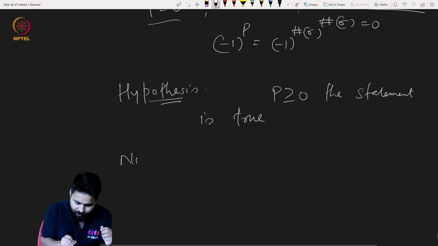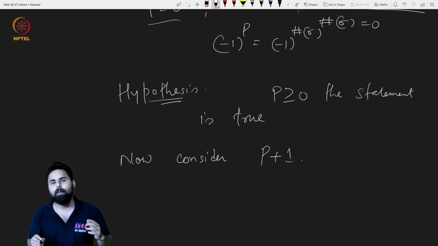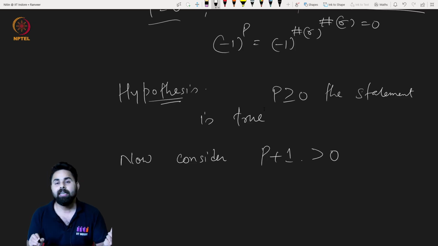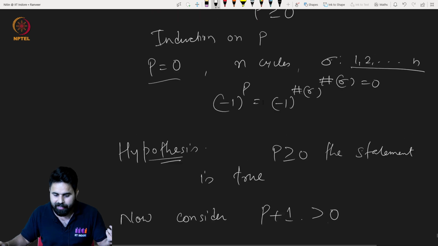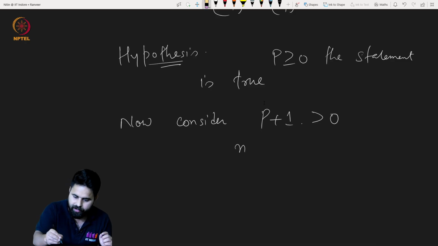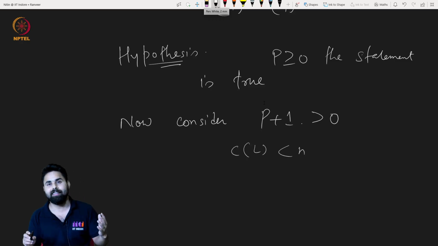Consider P plus 1. Because P is greater than or equal to 0, P plus 1 will always be greater than 0. That means the number of cycles in CL is strictly less than n.